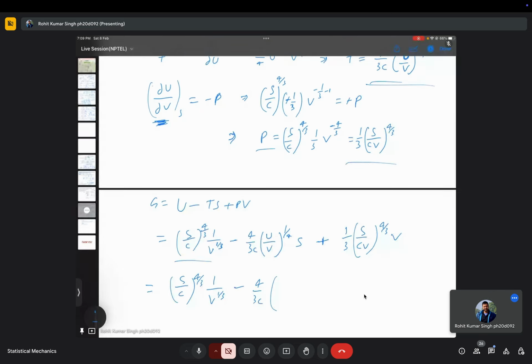So it will be a big expression, whole to the power 1 by 4. S is here.